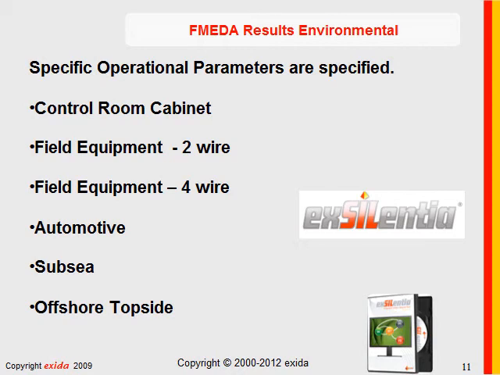Fundamental difference being 2-wire devices have little internal power dissipation, where 4-wire devices might have several watts of power. And temperatures inside a component housing will be much higher than outside ambient. We do have an automotive environment, which is used, of course, for the automotive industry. And lastly, subsea and offshore topside.